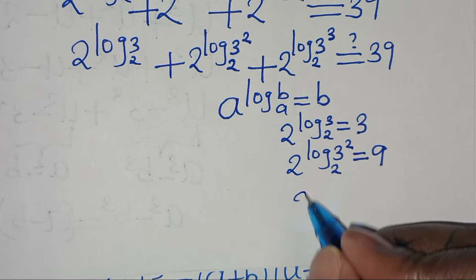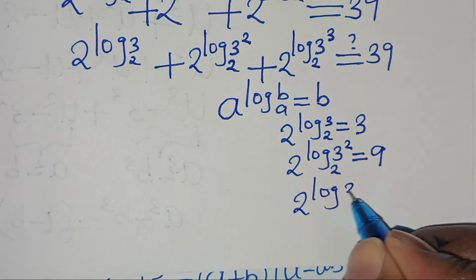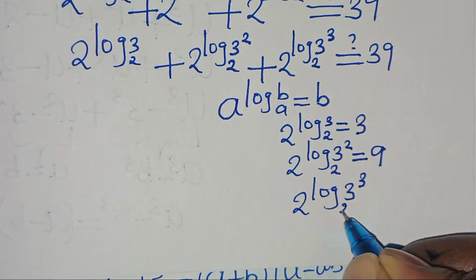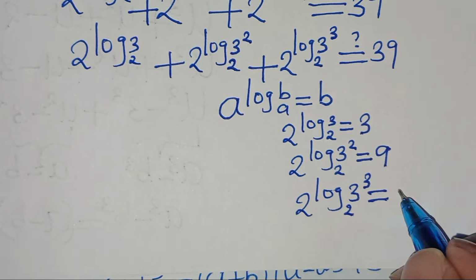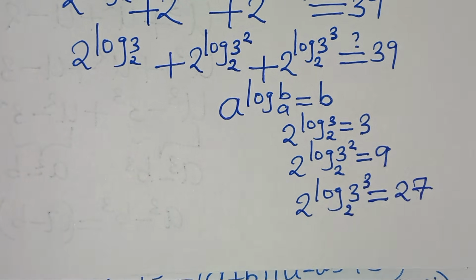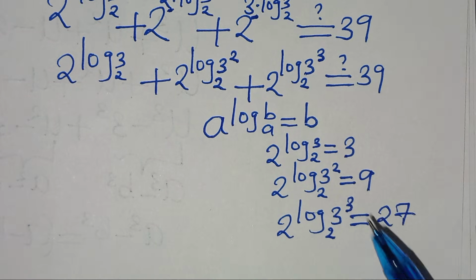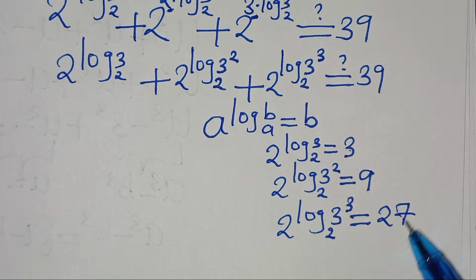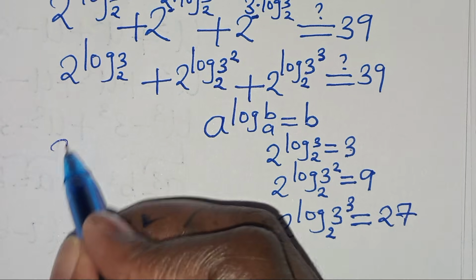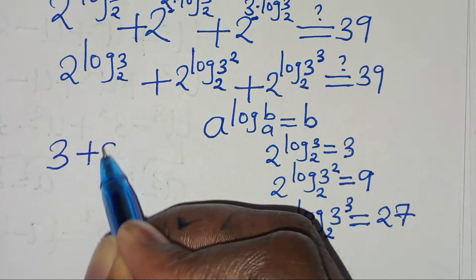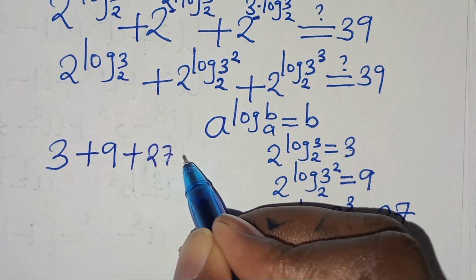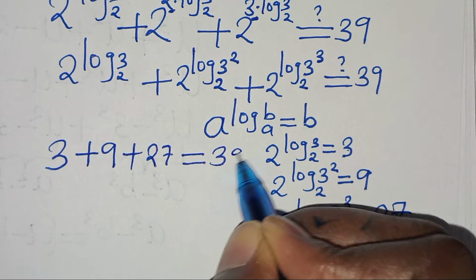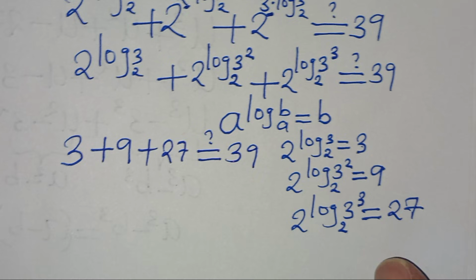And again 2 to the power of log 3 to the power of 3 to base 2 is supposed to give us a value of 3 cubed, which is equal to 27. So now we can substitute 3, 9, and 27. So we have 3 plus 9 plus 27. This is supposed to give us a value of 39.